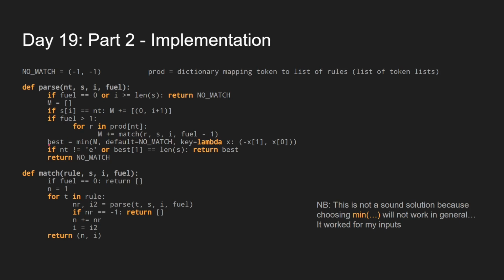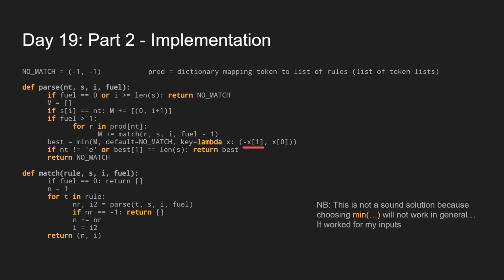Then when we have enumerated all the possible answers that we can have in M, we need to find the best answer. I do this with the min function here. If the M list was empty, it will result in no match here because we pass default equals no match. The ordering here is important for when we choose the minimum.